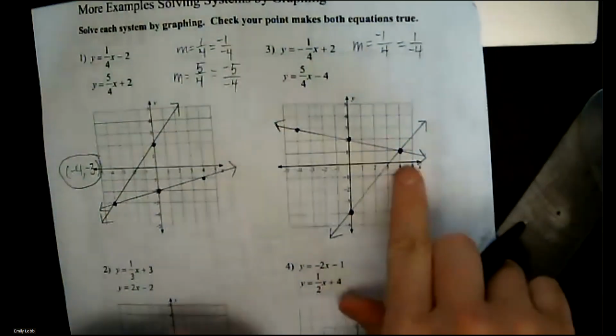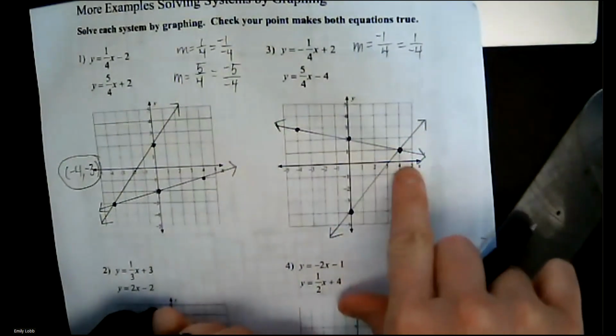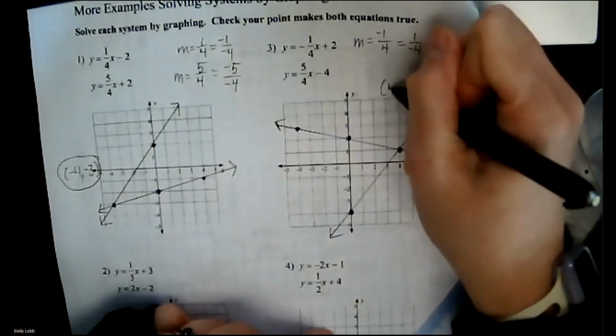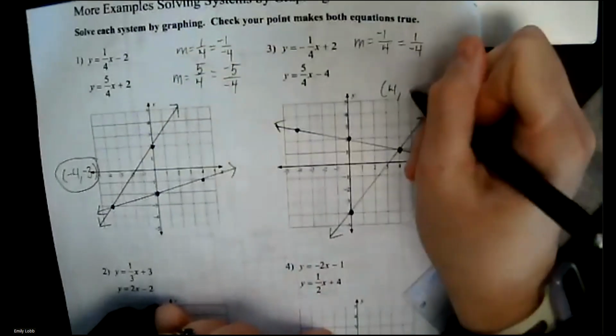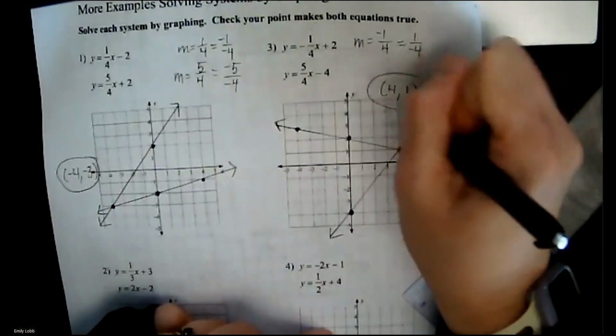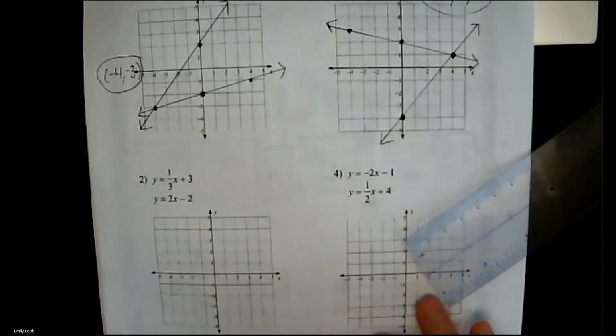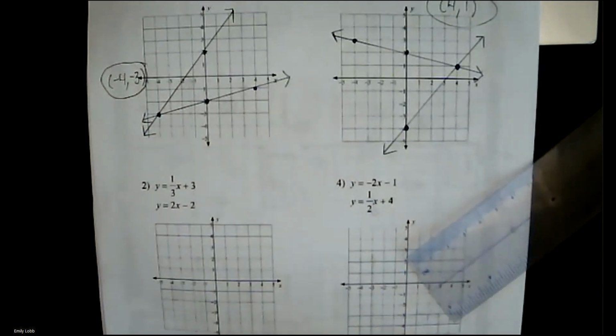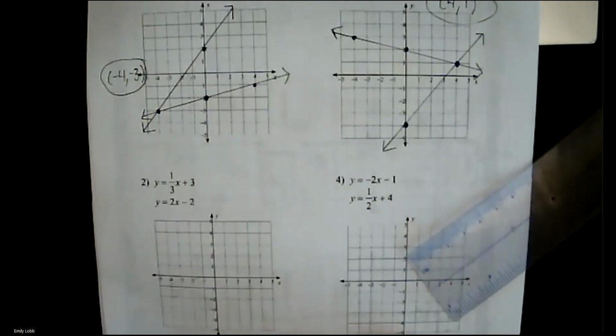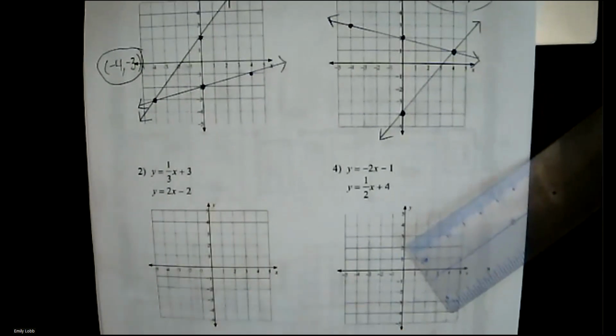So this tells us our answer is at the x value of 4 and the y value of 1. So that would be our answer to that. Oh, I did 1 and then 3, sorry. Just going across the top.